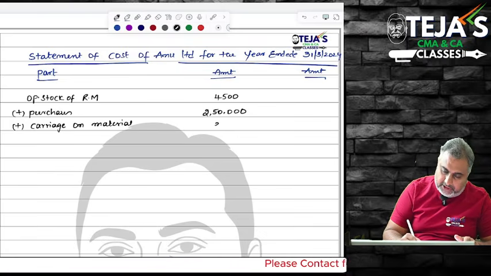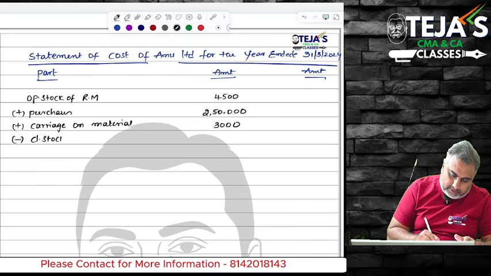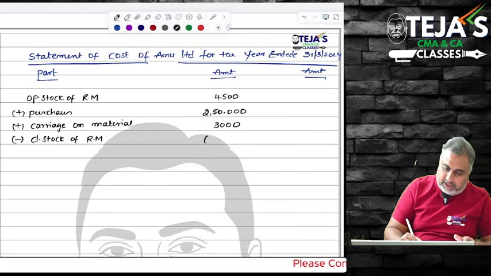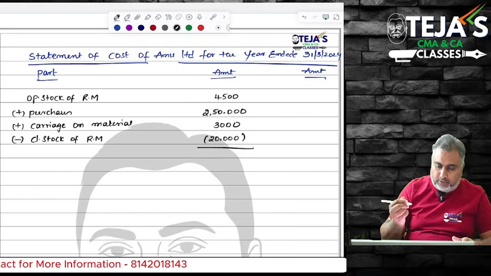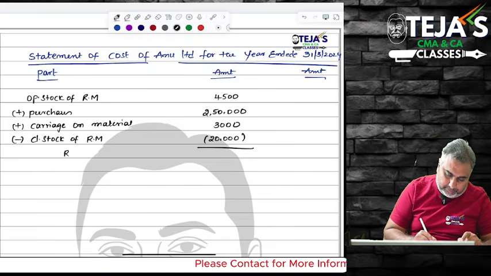How much? 3,000 rupees. They also gave closing stock of raw material, 20,000. Deduct it, do the calculations and let me know the raw material consumed.